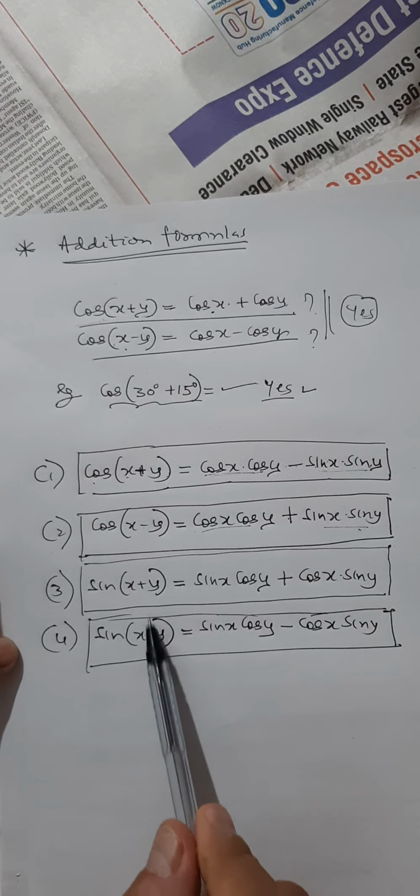So in the numerator you have the same sign, in the denominator opposite, remember. In the numerator you have the same sign, but in the denominator you have the opposite sign.